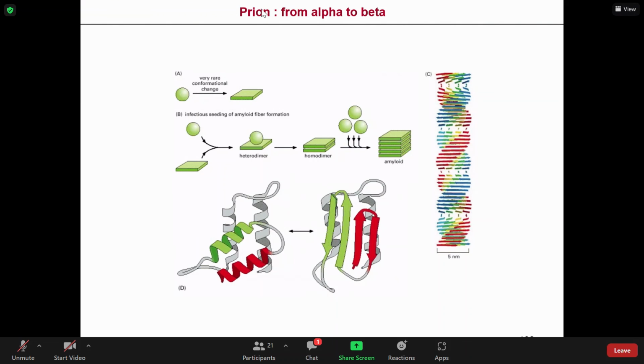In the prion, from alpha to beta, when you are healthy, the prion protein has very rare conformation changes.